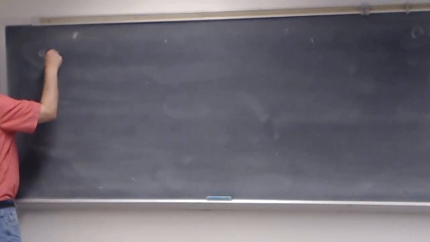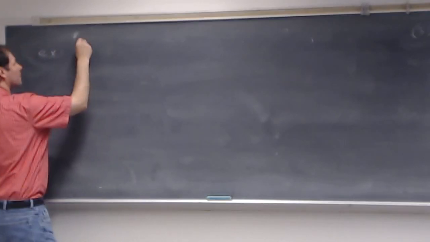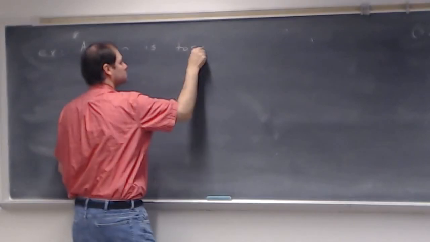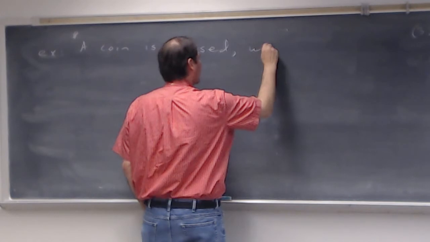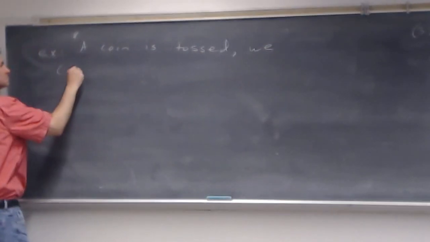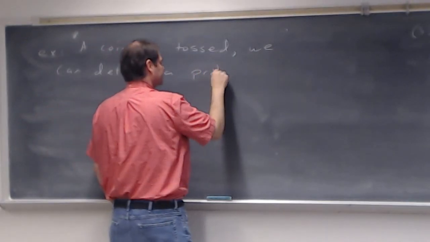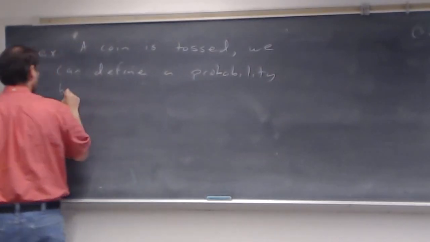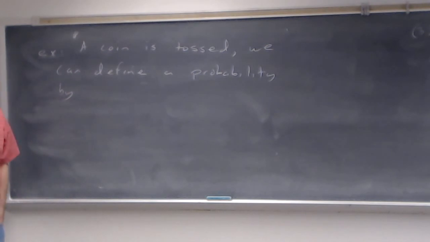As an example, if a coin is tossed, we can define a probability by, okay, so the sample space when we toss a coin is heads, tails.